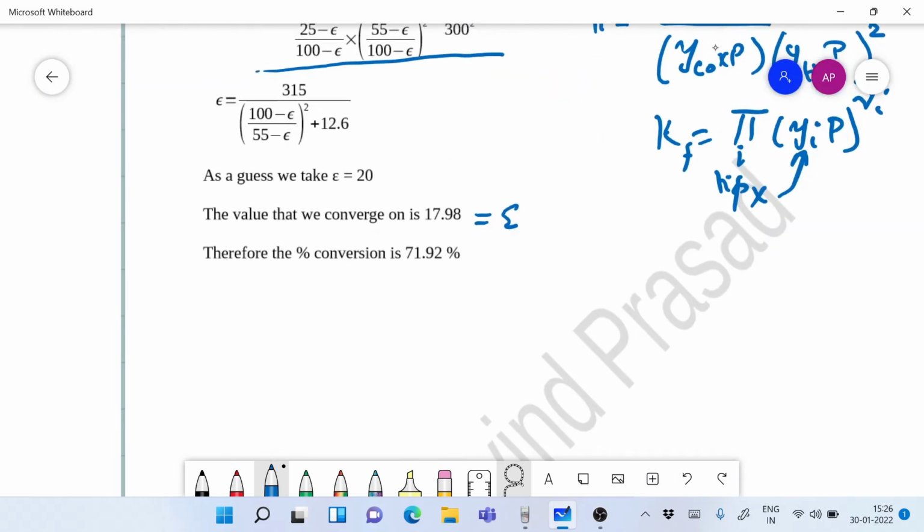Now the conversion, in terms of percentage, is going to be equal to 17.98, which is what has been reacted, the carbon monoxide which is the limiting reactant. Why? Because it is 25% and the feed was 25.